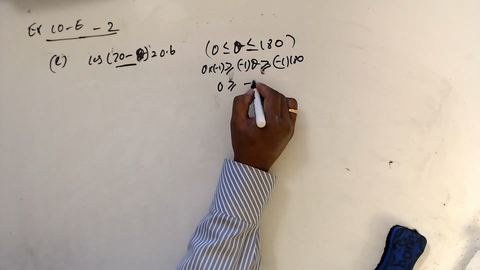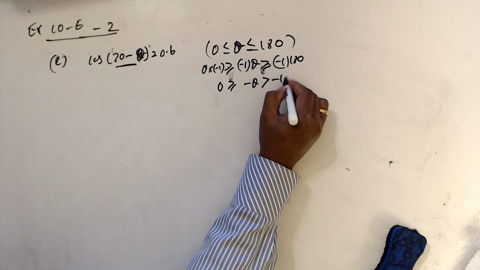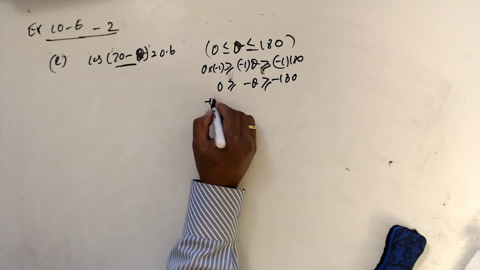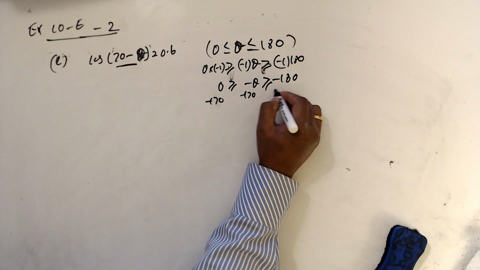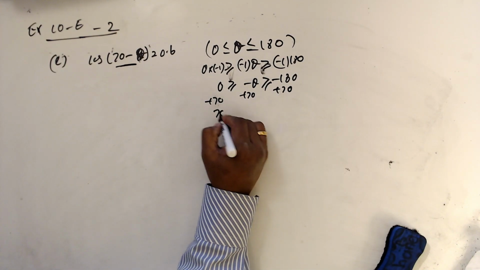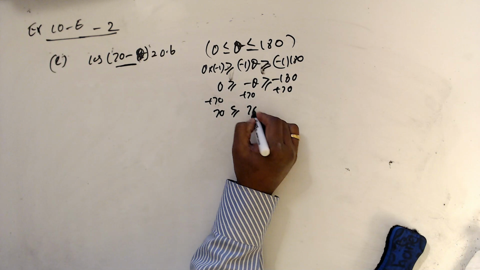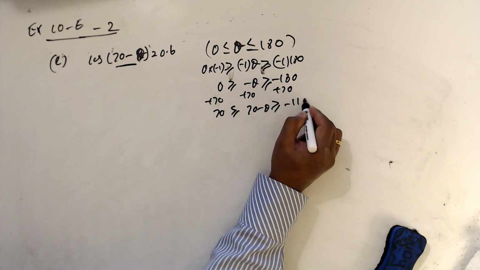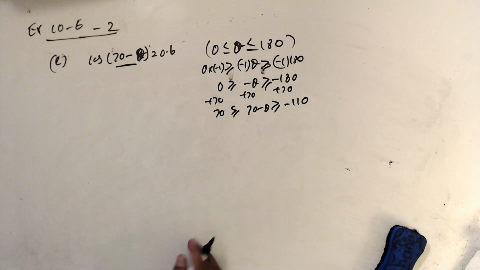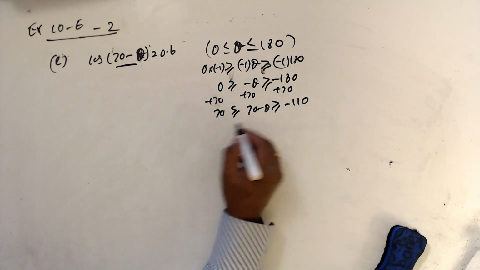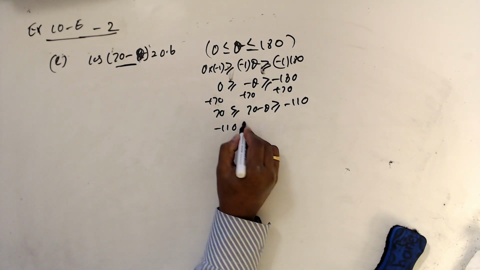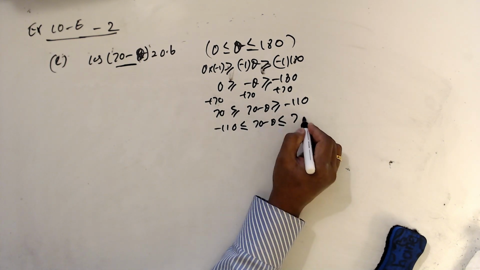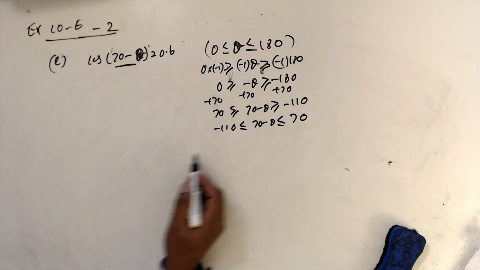I rewrite it like this: minus 110 to 70, 70 minus theta.